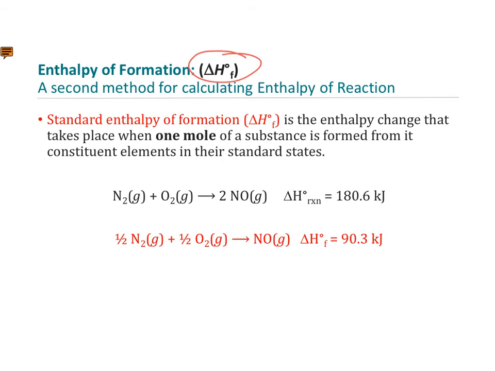So there are several different types of enthalpy, and usually they're designated with a subscript. So enthalpy of reaction will typically look like this. Enthalpy of formation is different. The little degree sign is pronounced not. It just means standard condition.